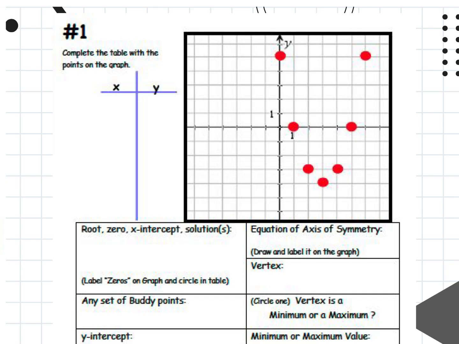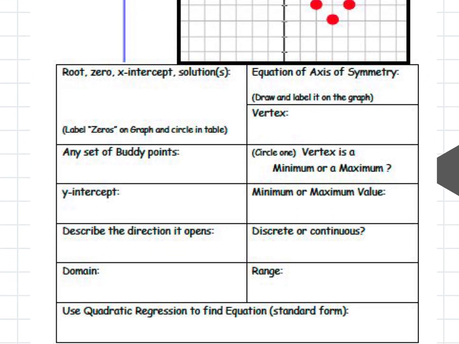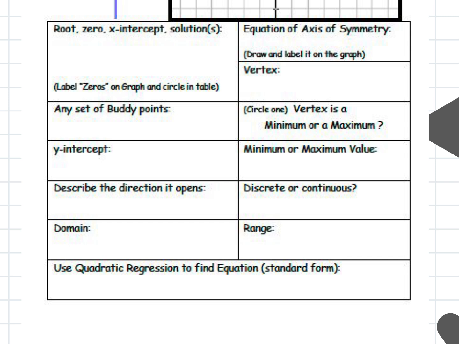So on graph number 1, I give you a bunch of individual points. Okay? It's going to ask us to complete the table and then look at all the things that we need to be able to find. All of these things are vocabulary. We talked about rocks, axis of symmetry, vertex.